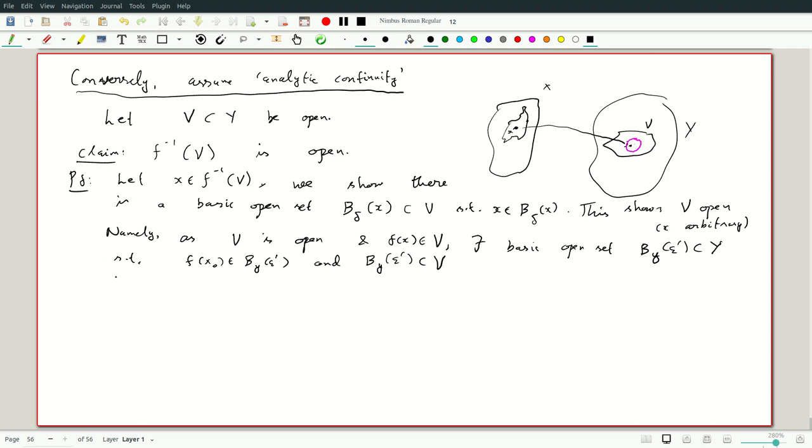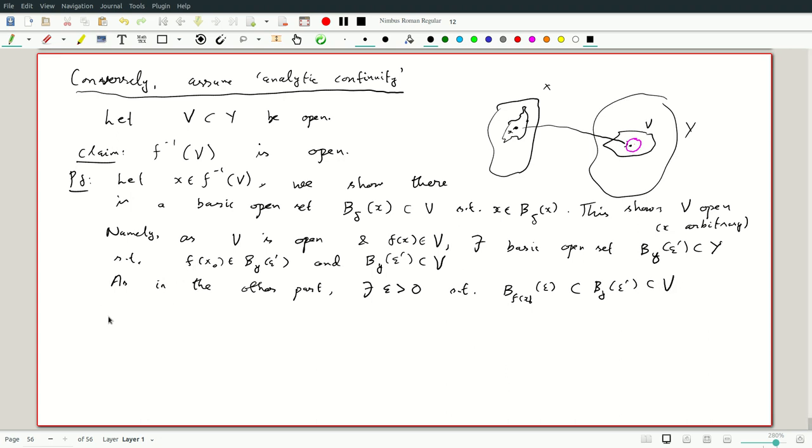For now, we'll say as in the other part, there exists epsilon greater than 0 such that the ball around the point f of x of radius epsilon is contained in the ball of radius epsilon prime around y, and that in turn is contained in V.